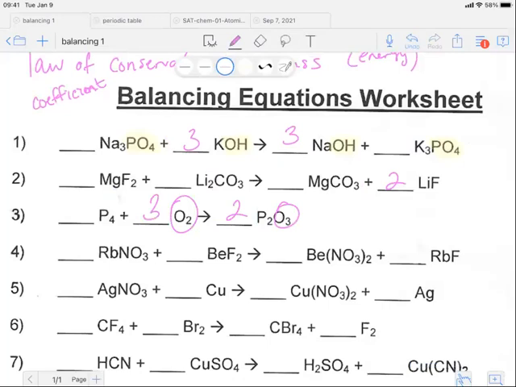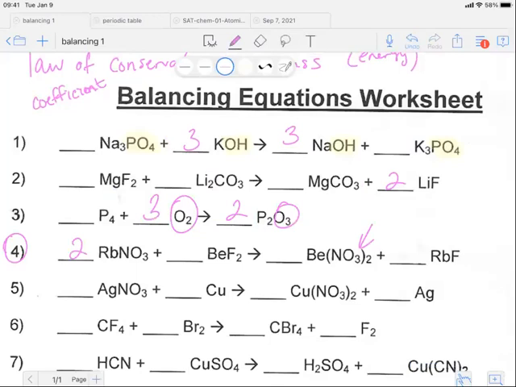I'm going to do 4 and 5, and then I'll give you the rest of them to do, and we'll go back and look at the answers afterwards. For number 4, first thing I'm going to do is I'm looking at the brackets, and I'm saying, okay, there's nitrate on the right-hand side, there's nitrate on the left-hand side, but I've got the bracket 2 on the outside, so that means that I need to put a 2 in front of rubidium nitrate to make it 2 nitrate.